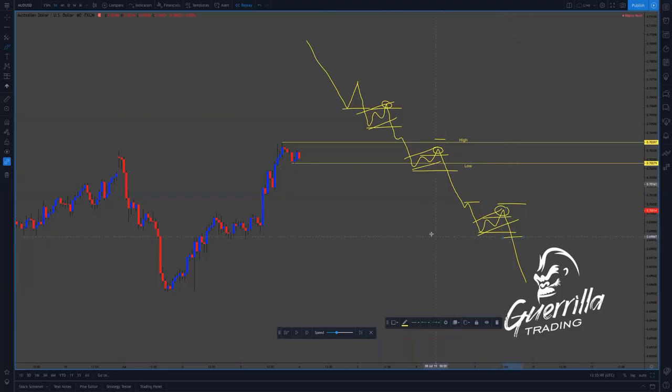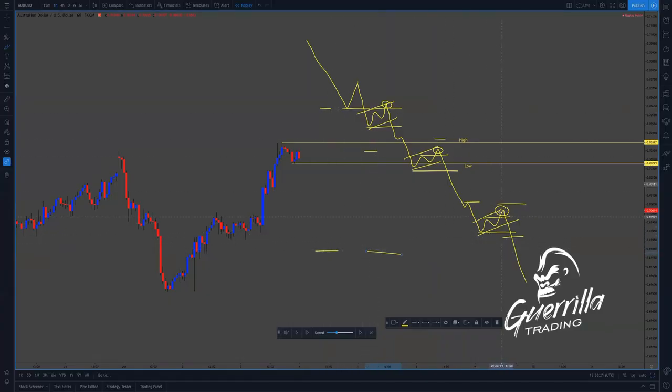Now, an example from that would be, say we got in this original position here, and to get down to here, say it was 5%. So with that one position, you would have gained 5%. But because you scaled in, you've also added a position here to here, which would be another 4%, for example. So now you've added 2 positions and you've gained 9%, rather than just the original 5.